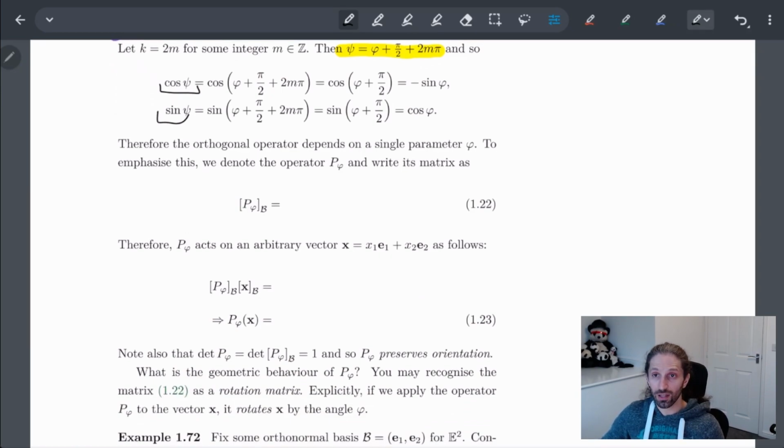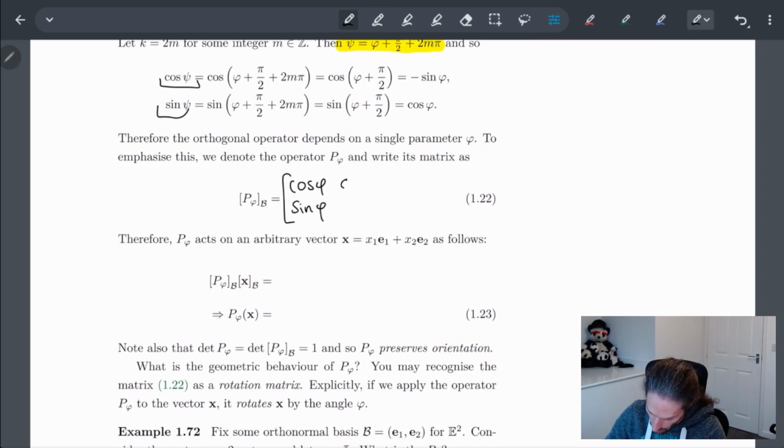So what does this look like? If I look at this first condition, I'm going to keep the first column the same. So I have cosine of phi, sine of phi. Remember, this is just cosine of psi, sine of psi. Now I have the equalities above, so we can just swap these.